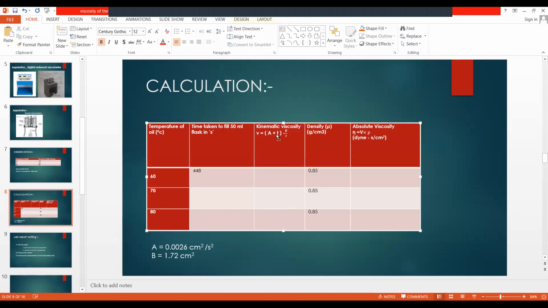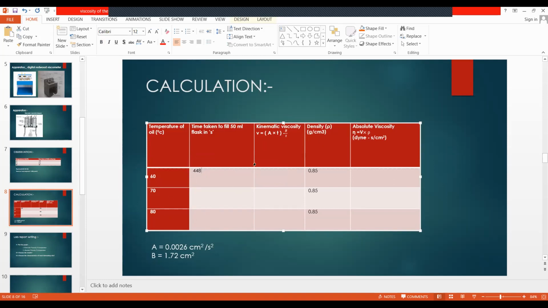The t is the time in seconds taken to collect 50 milliliters through that orifice, and A and B are given constants. The small t is again the collected time. At 60 degrees Celsius the time is 448 seconds. This is our observation data.